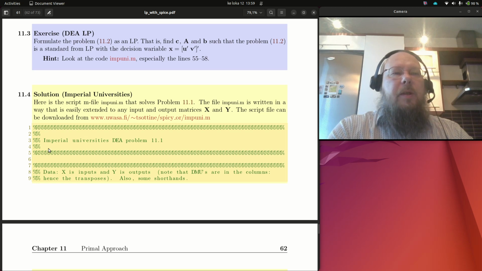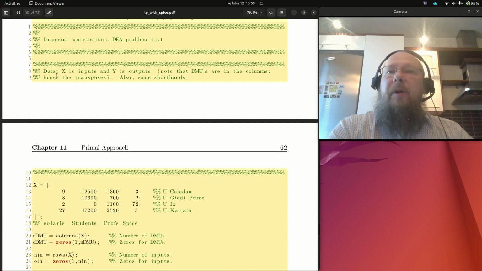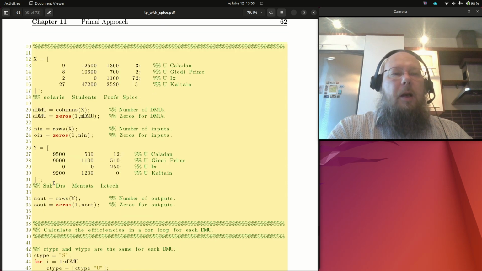As always, we start with some kind of title block so that you can read what this problem is. Then we give the data of the problem. So the data is x and y, the inputs and outputs. I've given them here. So here is x, and forget these. Here is y. I've also written in the comments explanations of the marginal nodes. So this is the Caladan.